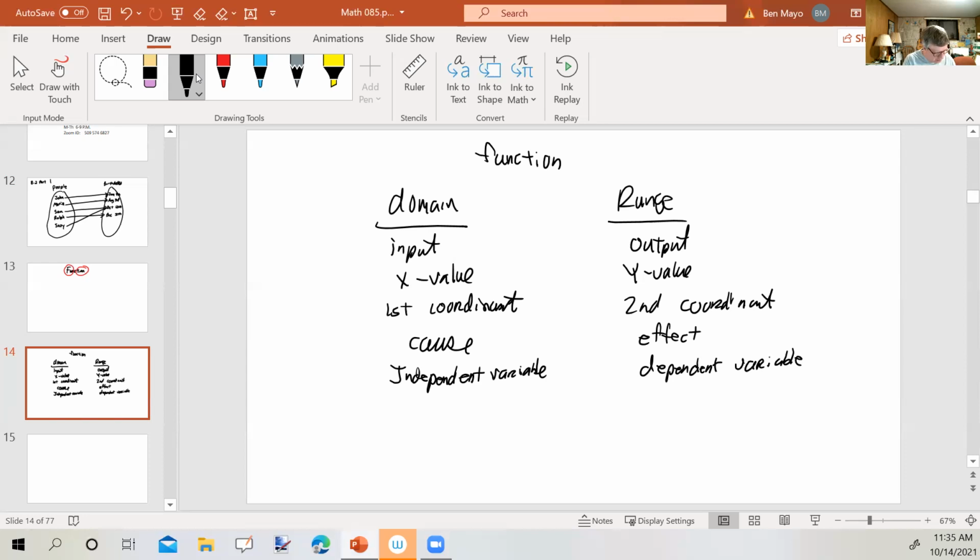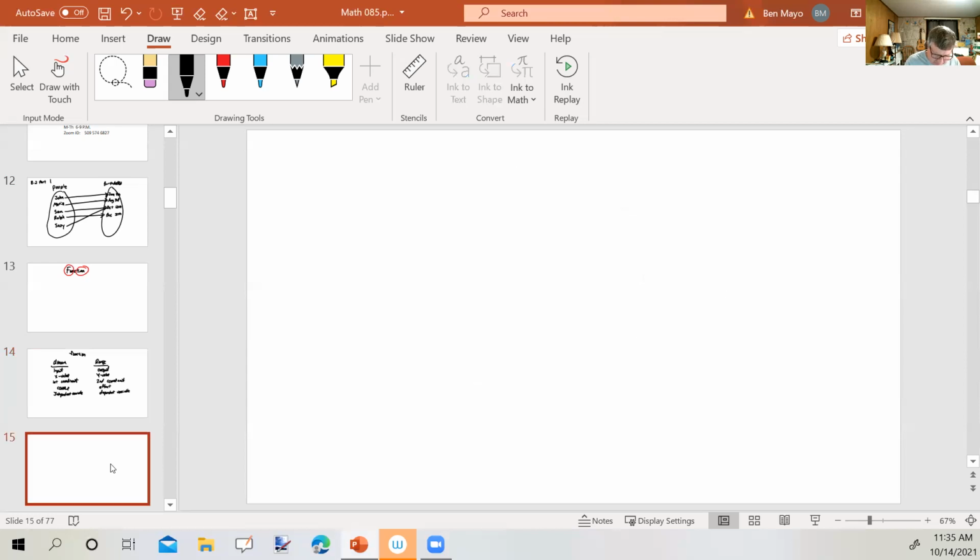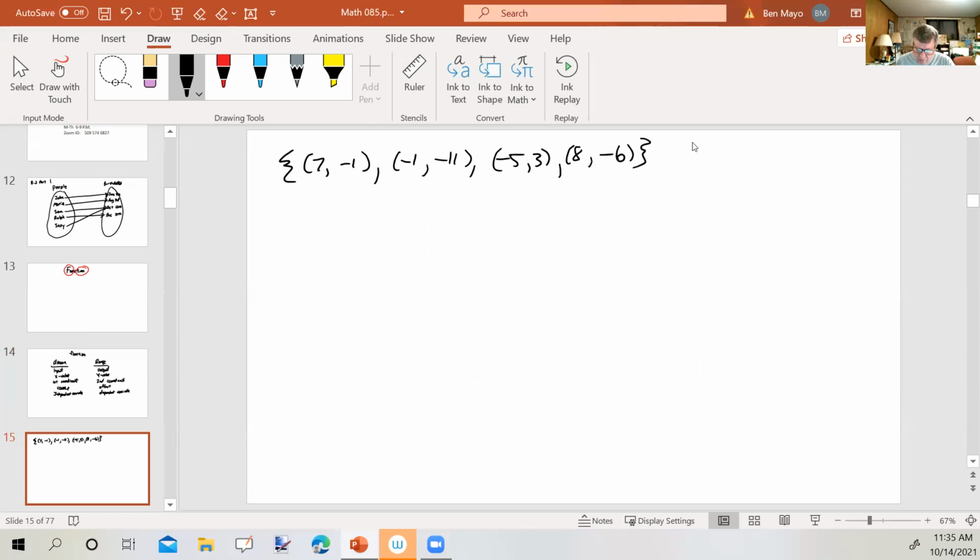All right, I want to look at some situations and then we'll talk about whether these situations describe a function or not. Okay. We have this set of ordered pairs. This is a function. Each input has exactly one output, but let's consider what the domain is.